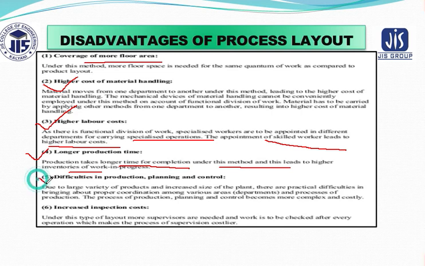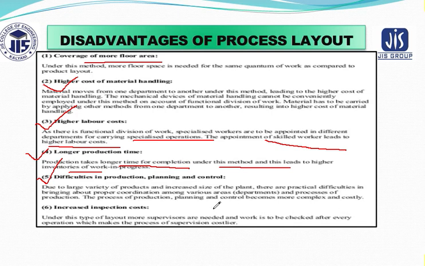Now we are discussing difficulties in production planning and control. Due to the large variety of products and increased size of the plant, there are practical difficulties in bringing about proper coordination among various areas like departments and processes of production.